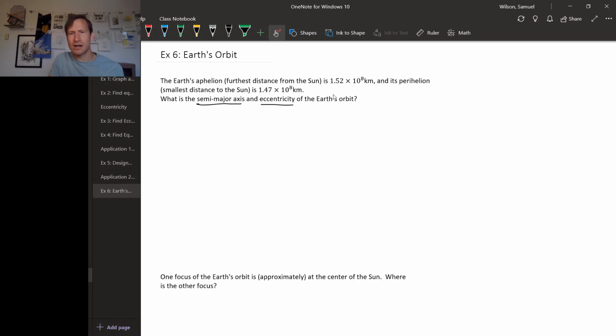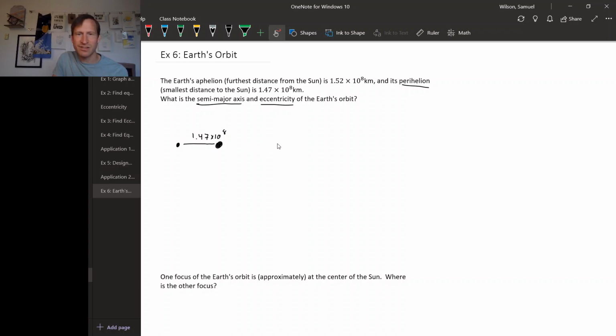Let's try to draw a diagram of this situation first. So we have the sun in the center of Earth's orbit, well, really at a focus of the Earth's orbit. And let's see, the nearest point in the orbit, that's the perihelion, and that's 1.47 times 10 to the 8th kilometers.